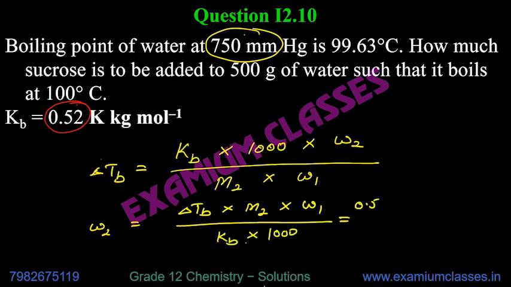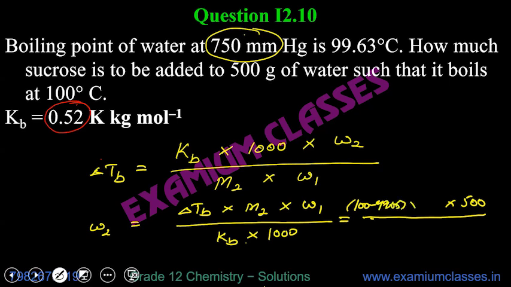That is 0.52 into molar mass of sucrose 342 into W1, that is mass of solvent 500 grams, divided by KB, sorry, it is delta TB, not KB. It is 100 minus 99.63 into 342.